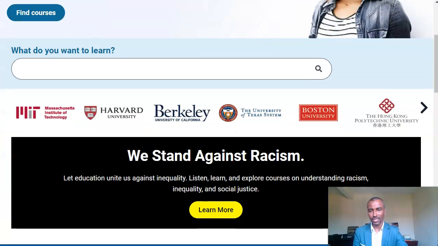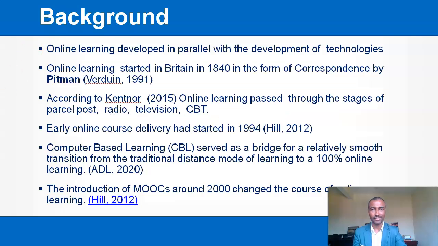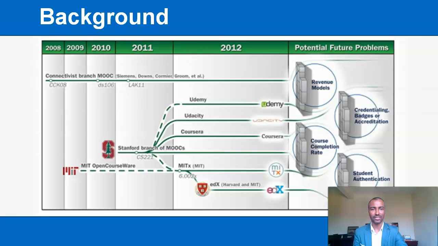So let's go to the other important section. You can see the background and the history and the development of online learning from here. As you can see from the picture, it started around 1994, but online learning in the real sense has boomed around 2008.